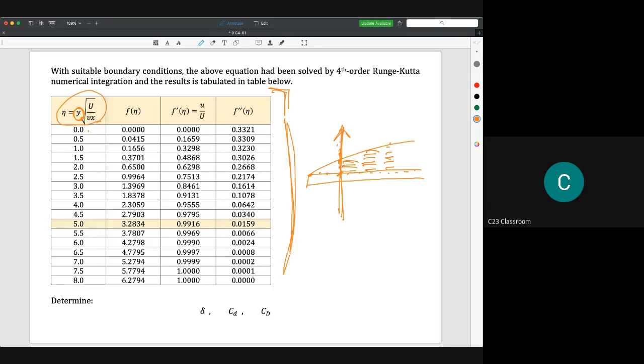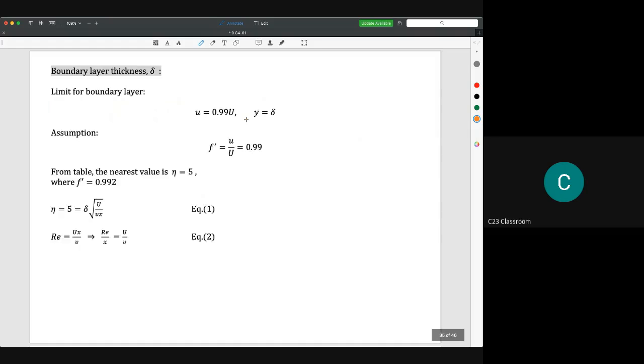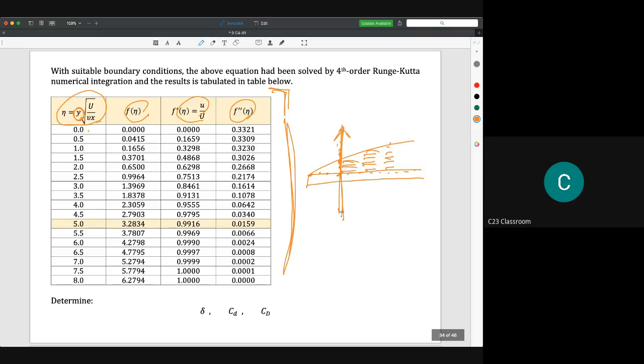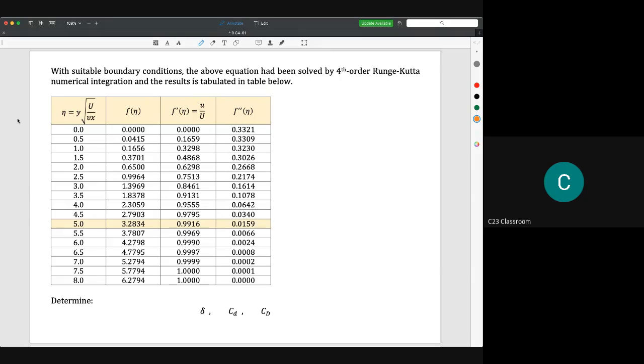So you put the value of x and y, and then you get the value. And for the assumption of this one, you may refer to this assumption. From this table, from the experimental, the analytical value, we substitute the value and you get this table.